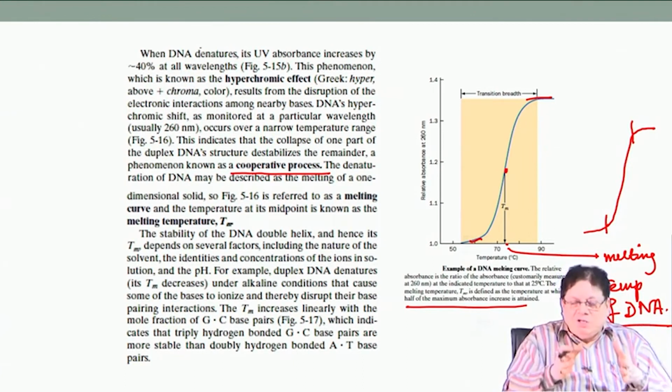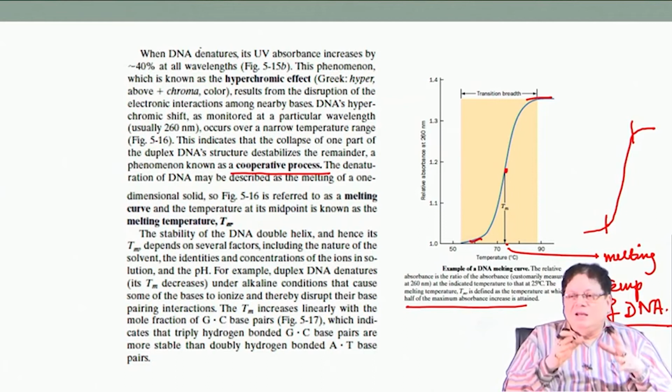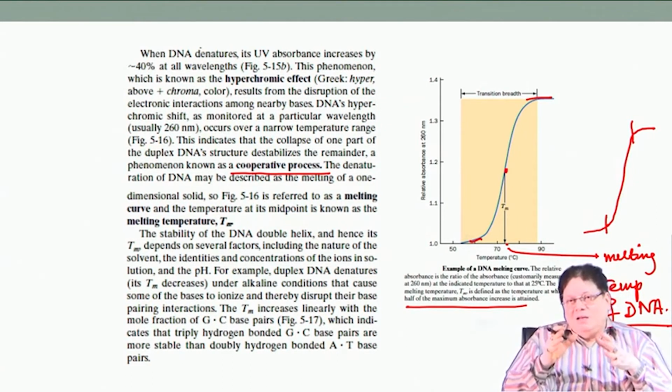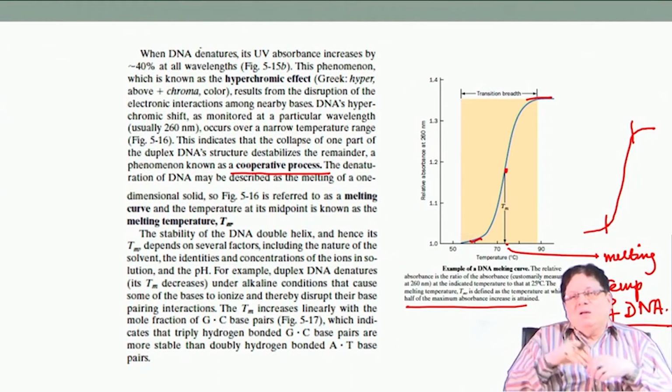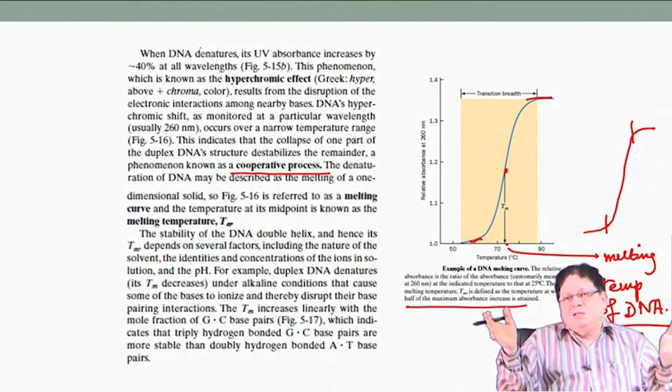DNA has to be double stranded in order to transmit all the information. So nature has created DNAs in such a way that the melting temperature is way above the environmental temperature for most species.